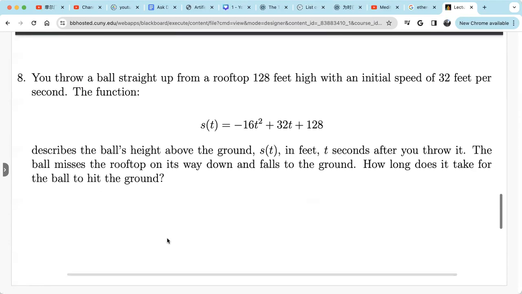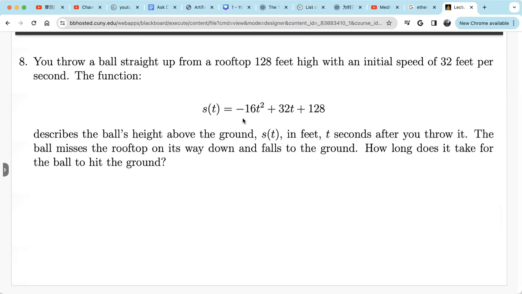Let's see, 8 applications. You threw a ball straight up from a rooftop 128 feet high. So let's imagine that. Let's see, this is some rooftop. And these are like buildings, right? So buildings.